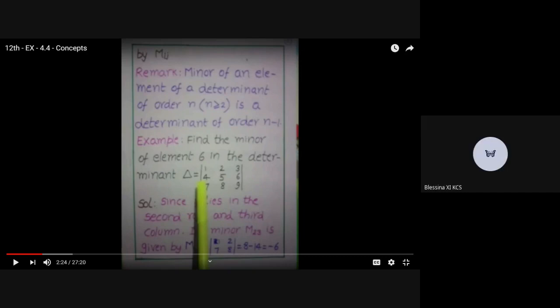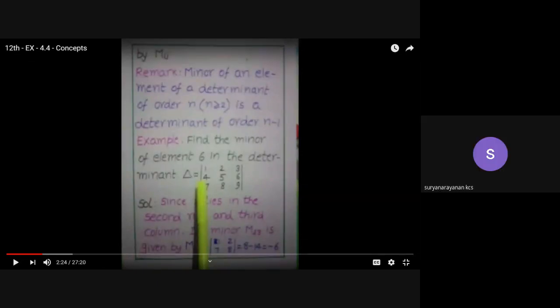Third column, sir. In which row? First I am asking you in which row? Second row, sir. Good, Joseph. I asked, in which row and in which column does that element lie? Second row, third column, sir. Very good, Joseph.